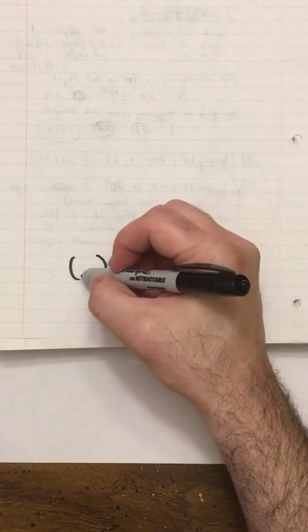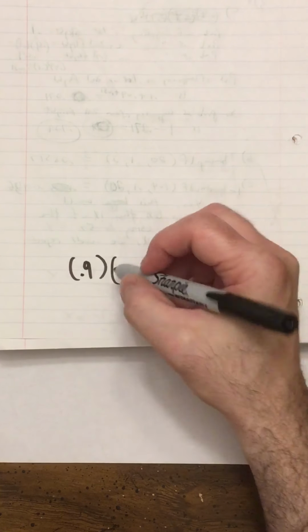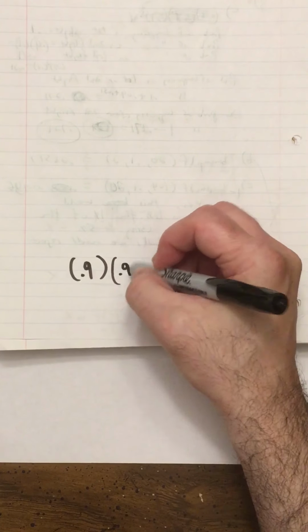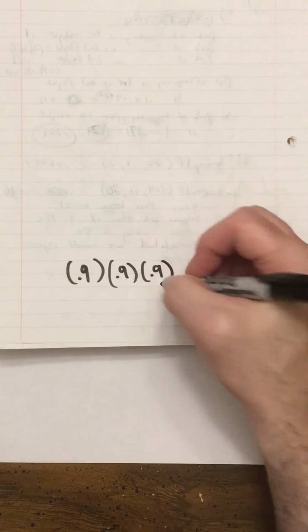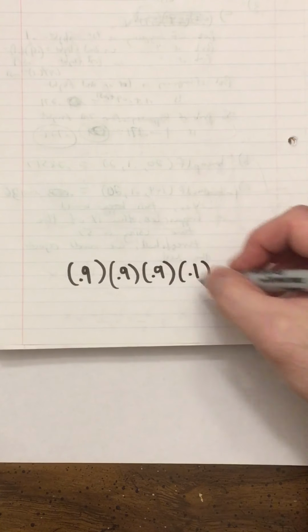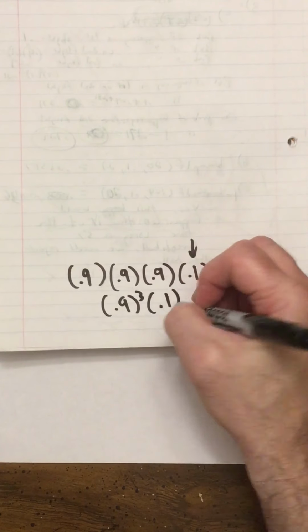When we did that, we would do something like, okay, so the chance of him not getting an upgrade on the first flight is 0.9. The chance of him not getting an upgrade on the second flight is 0.9. The chance of him not getting an upgrade on the third flight is 0.9. And finally, on the fourth flight, it's 0.1, or essentially 0.9 to the third times 0.1.